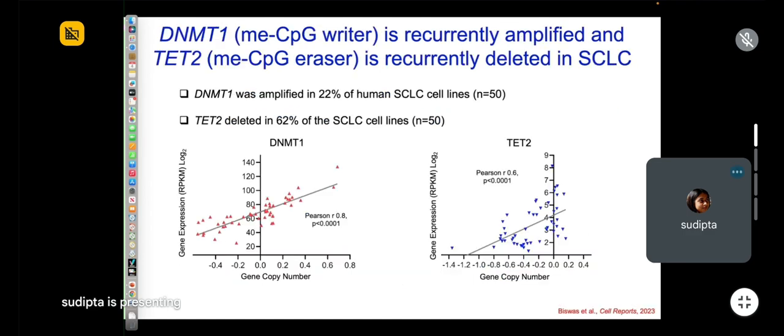And these are our observations, and now we are trying to work out how to knock down this DNMT1 in these cancerous cells, and to check whether we can restrict small cell lung cancer proliferation.